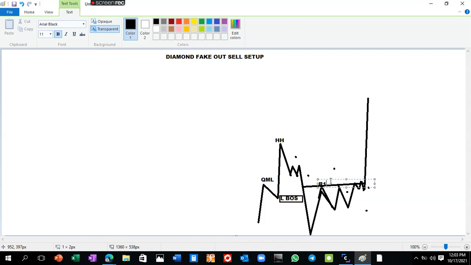The first time the market acted as resistance right here, then R2, the second resistance, and R3 right here. So when support and resistance traders see this, they think the market is due for a reversal right there, and then they'll sell.